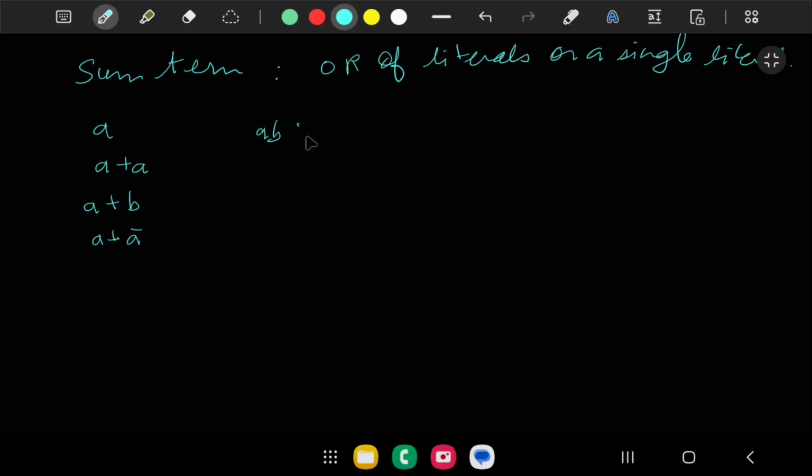But this is not a sum term. This is not a sum term, right? This is not OR of literals, right? So this is not a sum term.